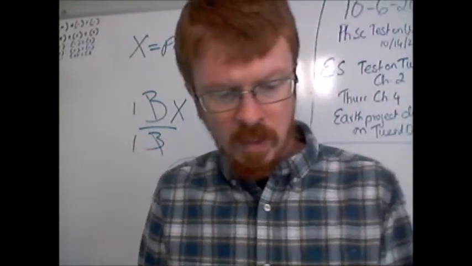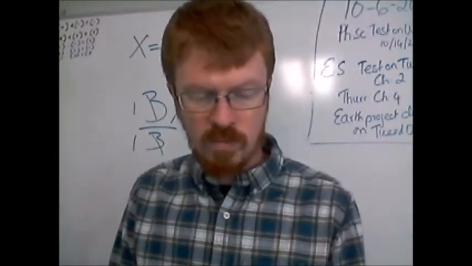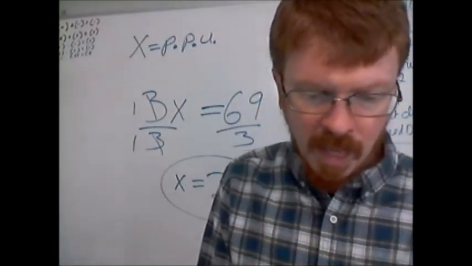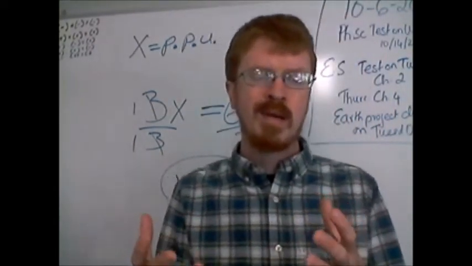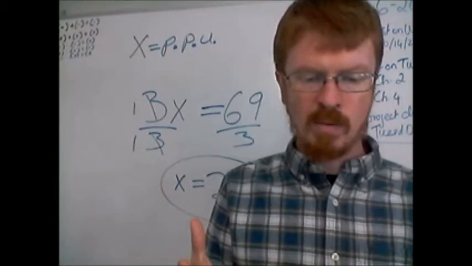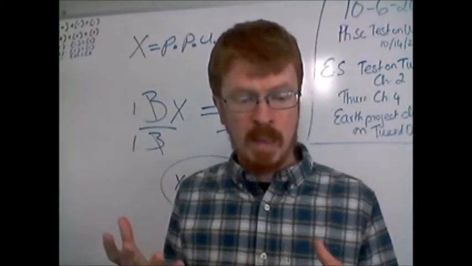Number 2, the bill for the coffee selling at $7 a pound was $42. How many pounds of coffee were purchased? In other words, they were buying coffee, and the coffee was $7 a pound, and they bought $42 worth. So how much coffee did they buy? How many pounds?